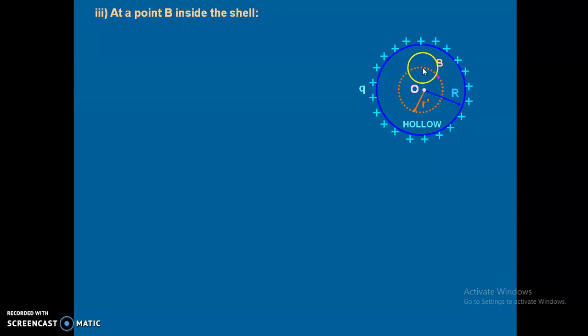Now the radius of this Gaussian sphere is small r. Now small area vector ds acting in this direction, and electric field intensity again in this direction, because in the first derivation, where the point was considered outside the shell, we obtained a formula similar to the electric field intensity due to a point charge.